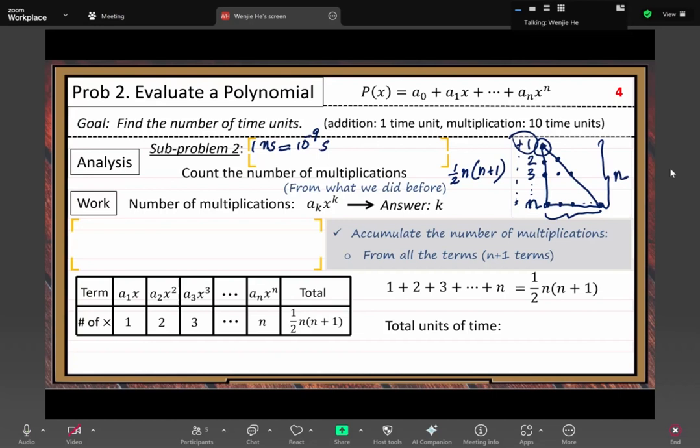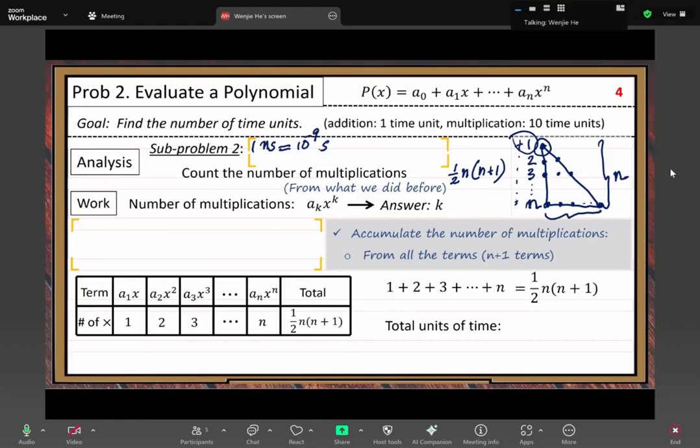For addition, I do not use an explicit 2 nanoseconds. I use one time unit. So we assume one time unit to do one addition, then 10 time units for one multiplication.